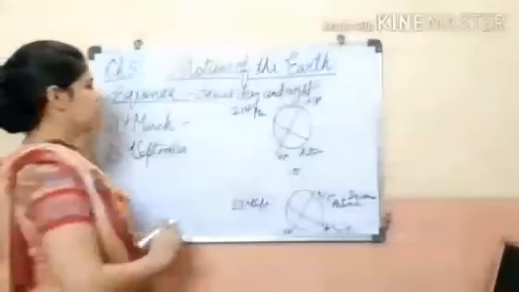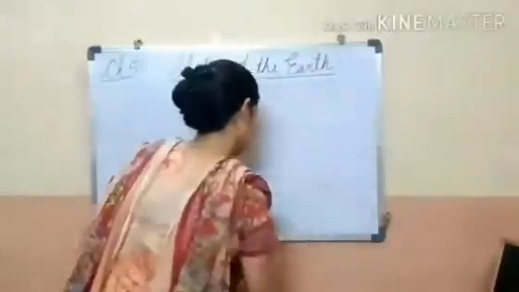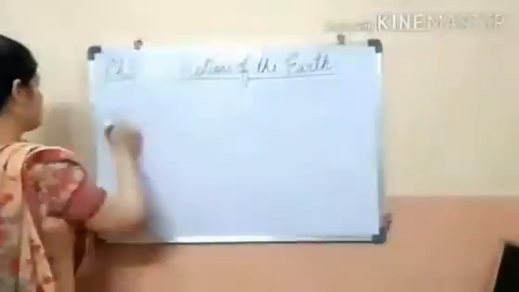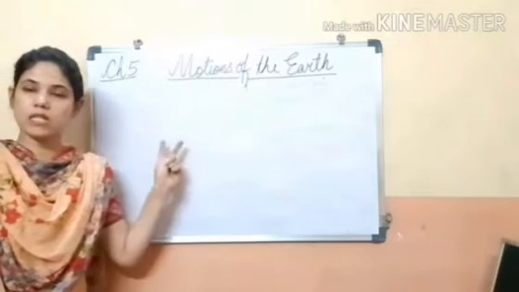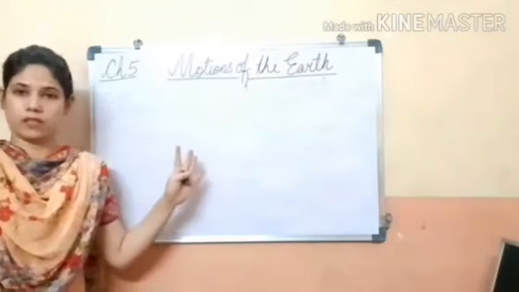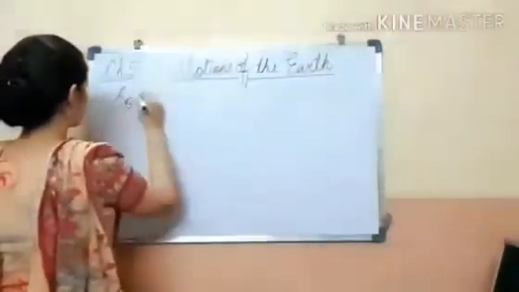Now the next word that we come across is solstice. On the equinoxes, the sun's rays fall directly on the equator.